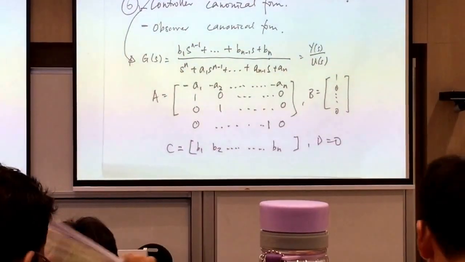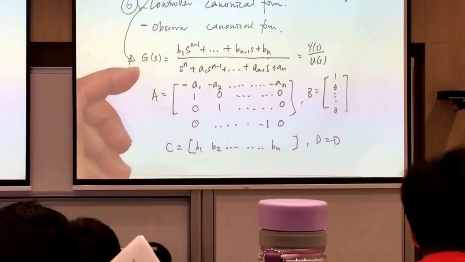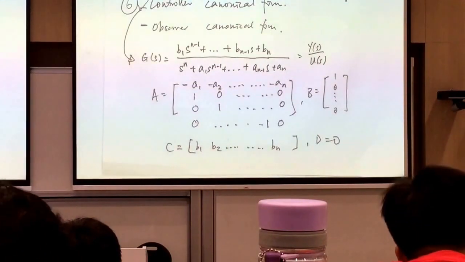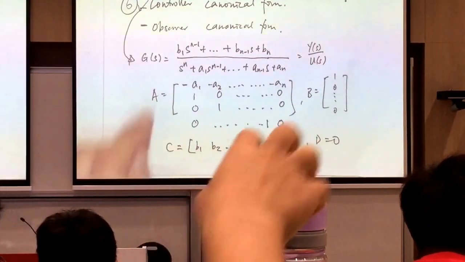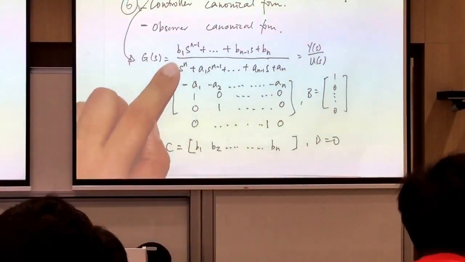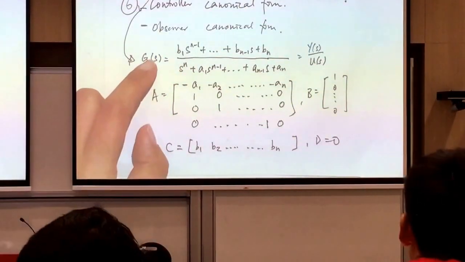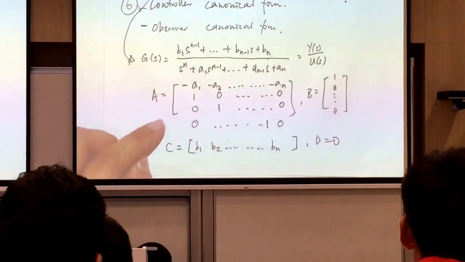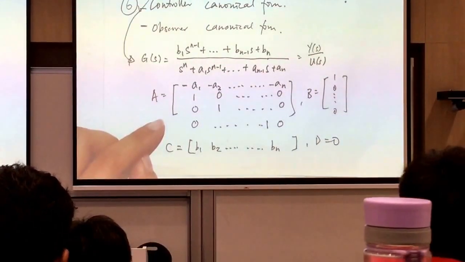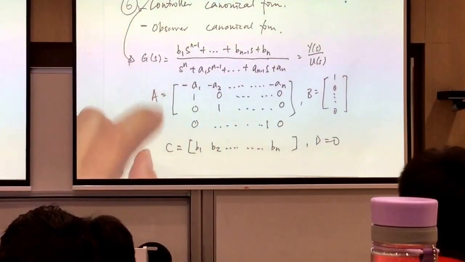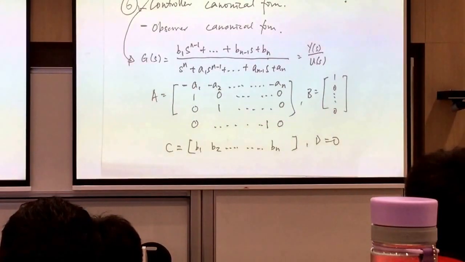Usually what we'll give you is either the transfer function or a differential equation. If we give you a transfer function, the least you should remember is how to convert from a transfer function into a controller canonical form. If you can't remember this, there's nothing I can do to help you.